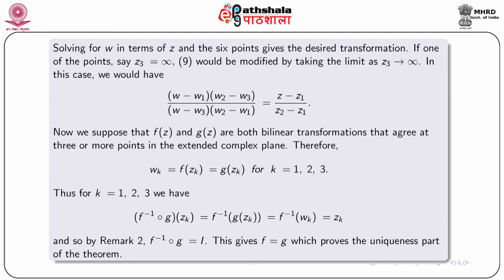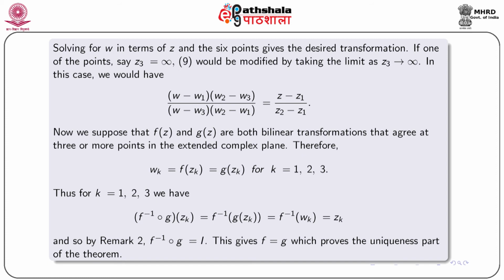Now, suppose that f(z) and g(z) are both bilinear transformations that agree at 3 or more points in the extended complex plane. Therefore, wk equal to f(zk) equal to g(zk) for k equal to 1 to 3.